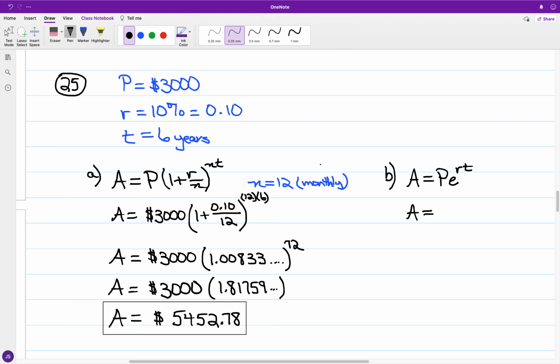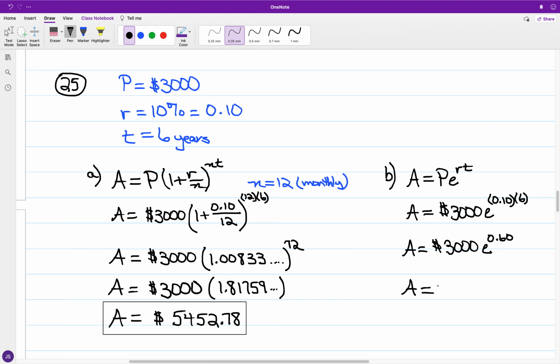Okay, so P is $3,000. And for e to the R times T, you have e to the 0.1 times 6. Here we have $3,000 times e to the 0.6.